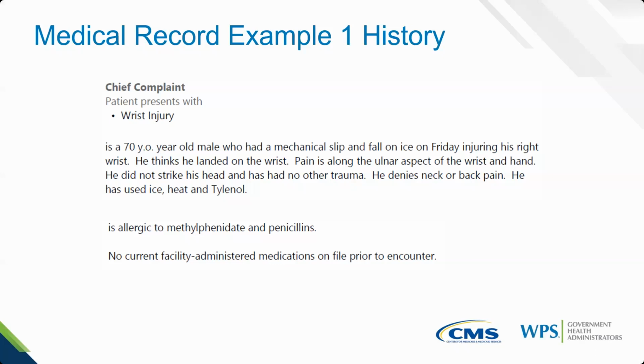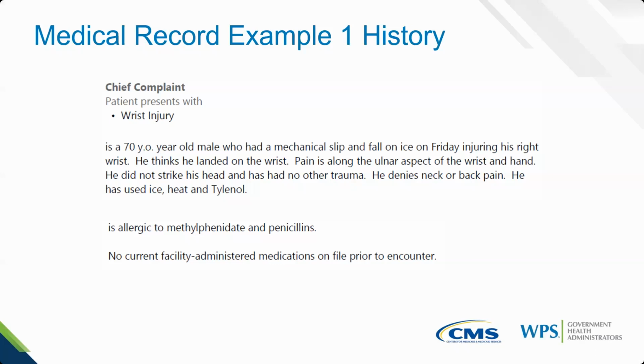It also indicates that he did not strike his head and has no other trauma. Patient is denying any neck or back pain. He has been using conservative treatment at home.